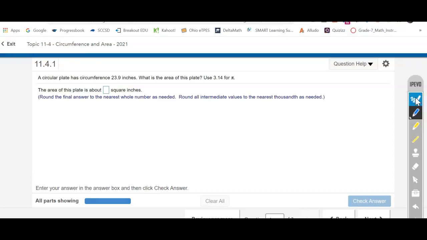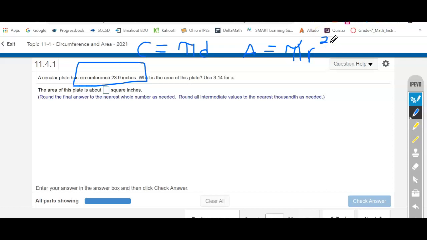They tell us that a circular plate has a circumference of 23.9 inches. We are going to use both formulas. C equals pi times diameter, and area equals pi r squared.